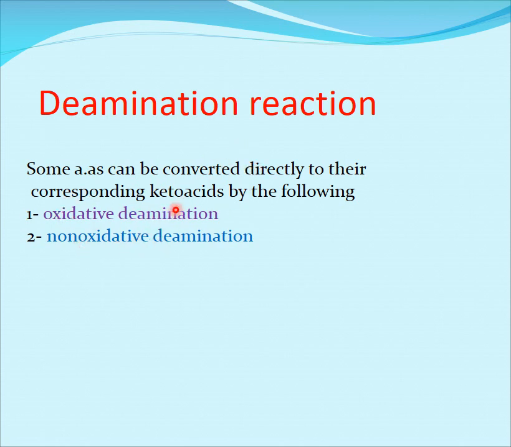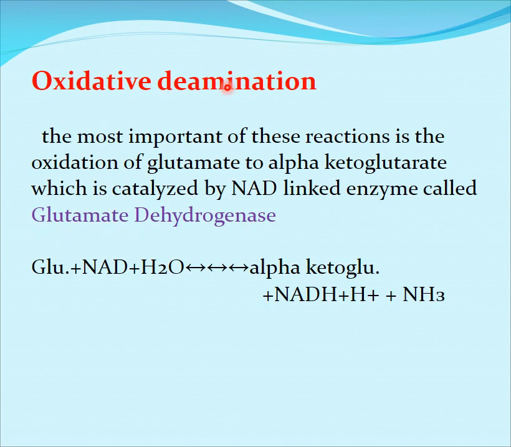Both of them involve directly removing the amino group from the amino acid. Oxidative deamination deals mainly with glutamate, so it is the most important of these reactions. It involves the oxidation of glutamate to its corresponding skeleton, which is alpha ketoglutarate, catalyzed by an enzyme called glutamate dehydrogenase.